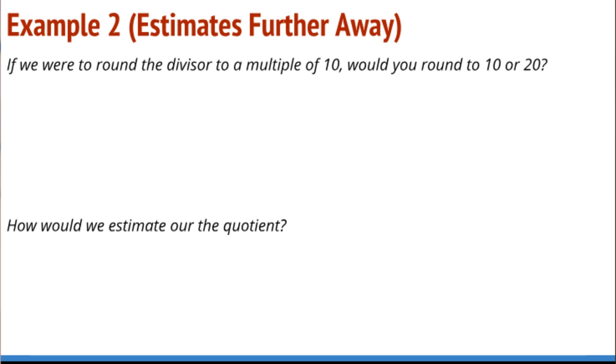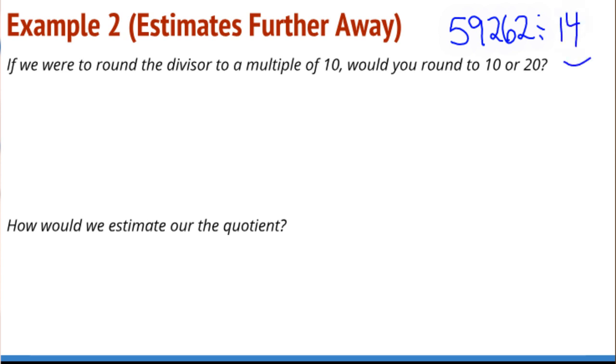Now we're looking at the problem that we just saw on the last slide here. And I should have written it down up in the corner. And we've got 59,262, and we are dividing by 14.